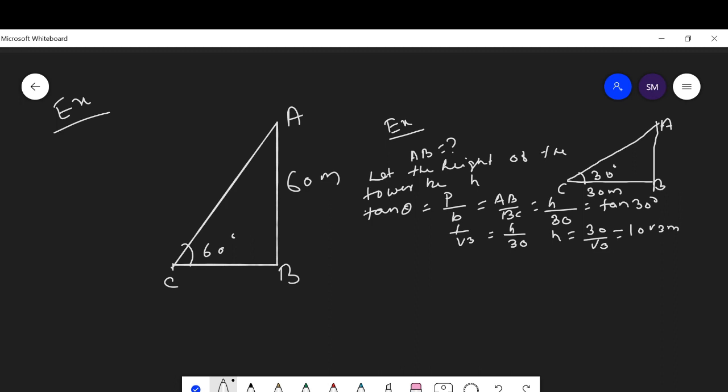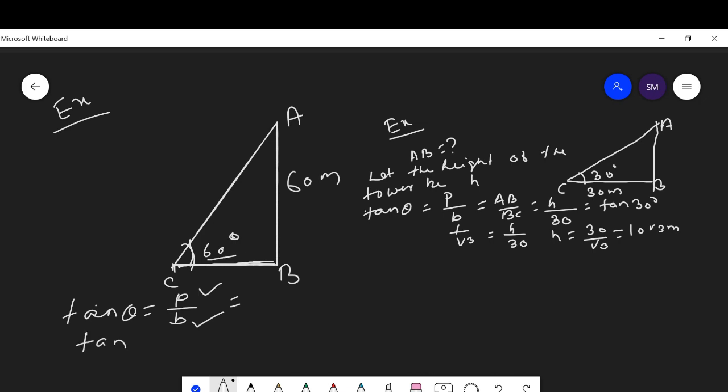Then you have to find out from which point the person should stand such that the angle of elevation will be 60 degree, means you have to find the distance of C from B, the length of BC. As you know, by applying tangent, tan theta is equal to perpendicular upon base, and this angle is 60 degree.